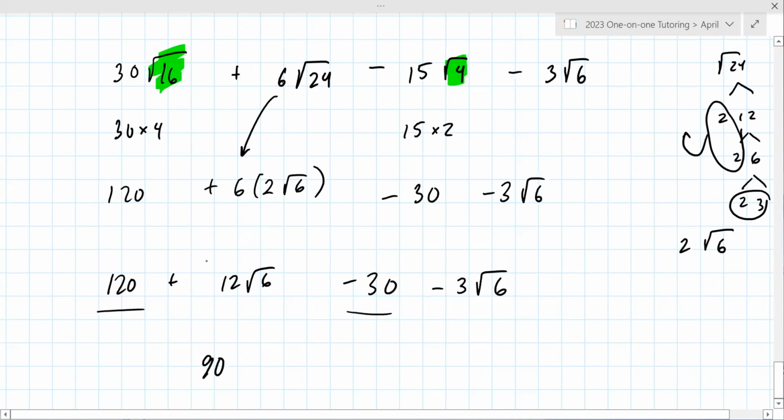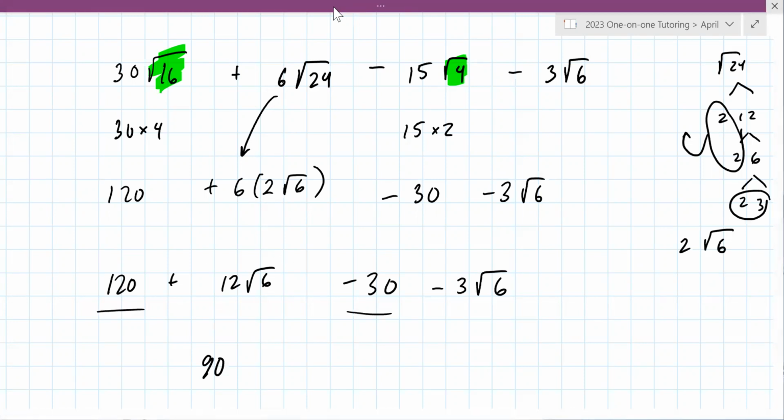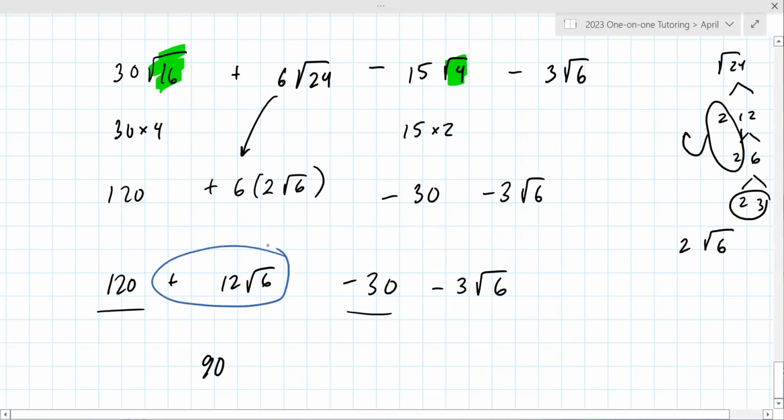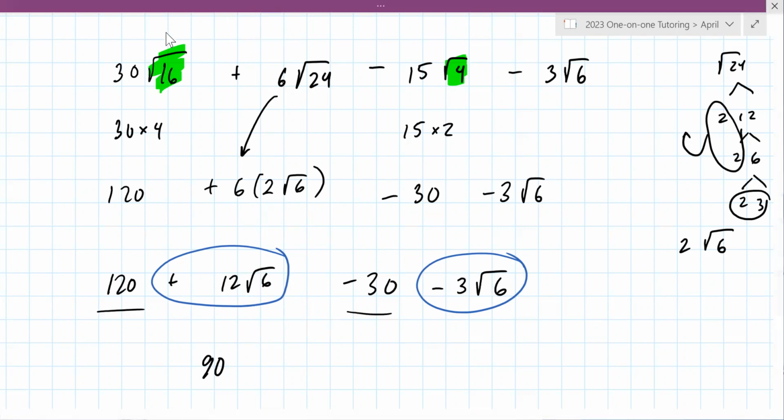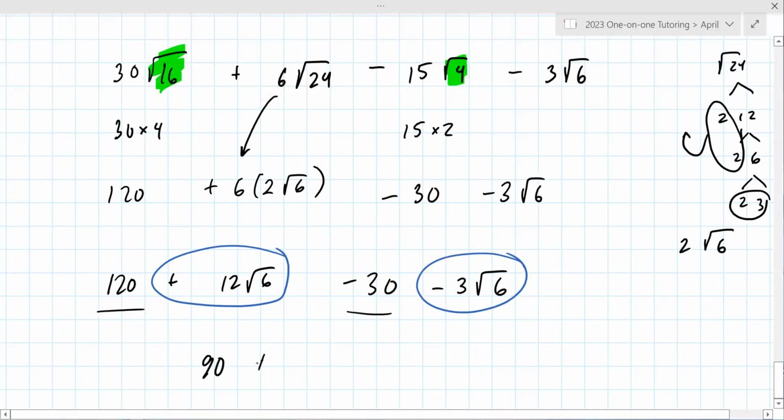Now you've got root terms, positive 12 square root of 6 minus 3 square root of 6. This is when you can combine the numbers in front because they're both root 6s. It's like 12x minus 3x. What does that become? It would be 9 square root of 6. Very good. You got it.